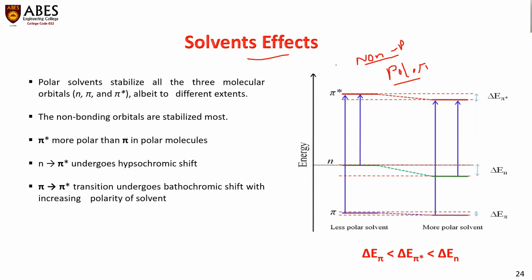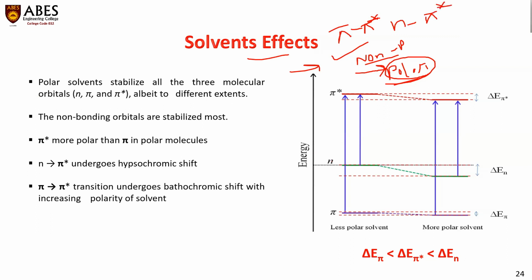When our molecule is non-polar, there is no significant effect of polarity of solvent. But if our compound is polar, the polarity of the solvent plays an important role for the absorption maxima. Generally, the polarity of solvent affects the pi to pi star transition and the n to pi star transition.